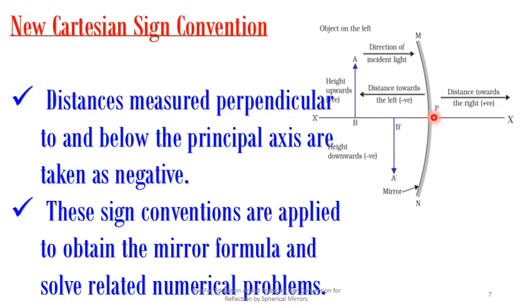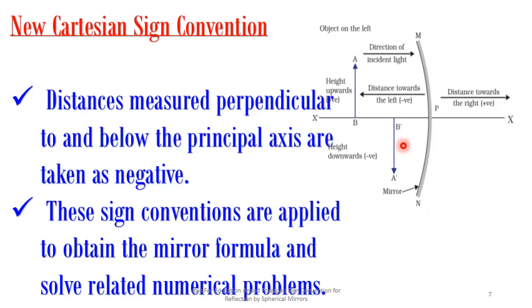Right distances from the pole of the mirror are taken as positive. Left distances from the pole of the mirror are taken as negative. Above perpendicular distances are taken as positive. Below perpendicular distances are taken as negative.